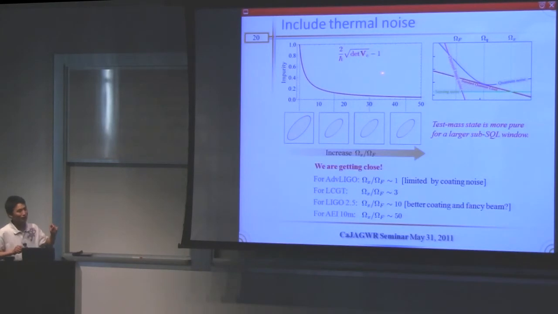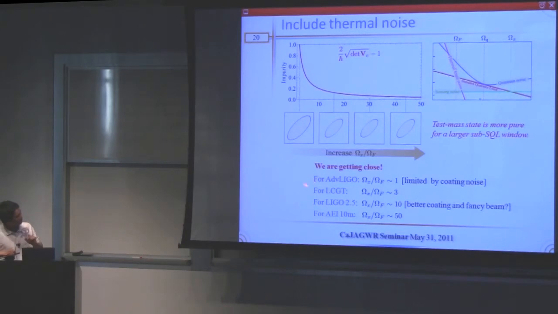If you have a large uncertainty, basically a less pure state, you get a very big circle, which means the state is not pure. And if you increase omega s over omega f, basically the window in which the classical noise goes below the standard quantum limit, you can get a pure state.